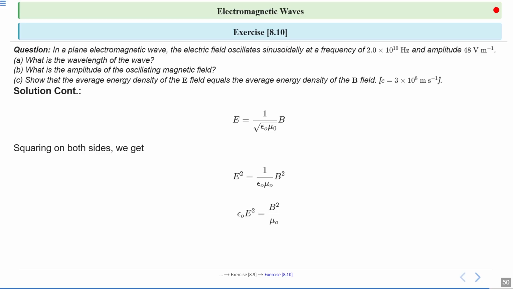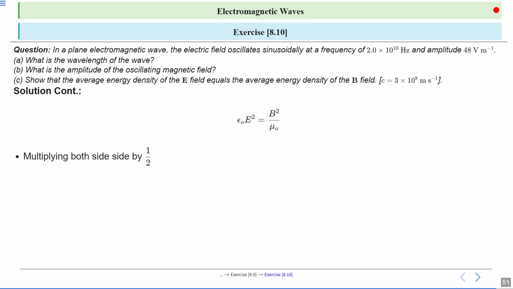After rearranging, epsilon naught E square will be equal to B square upon mu naught. Multiplying both sides by half, half epsilon naught E square will be equal to B square upon 2 mu naught.